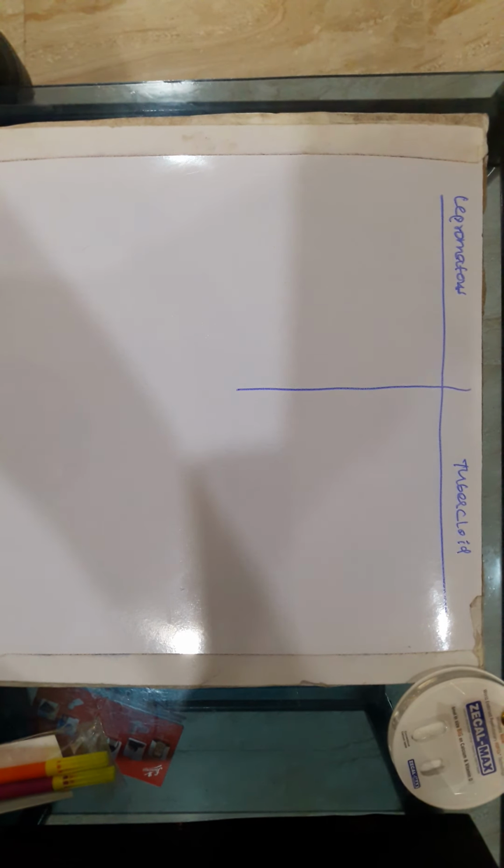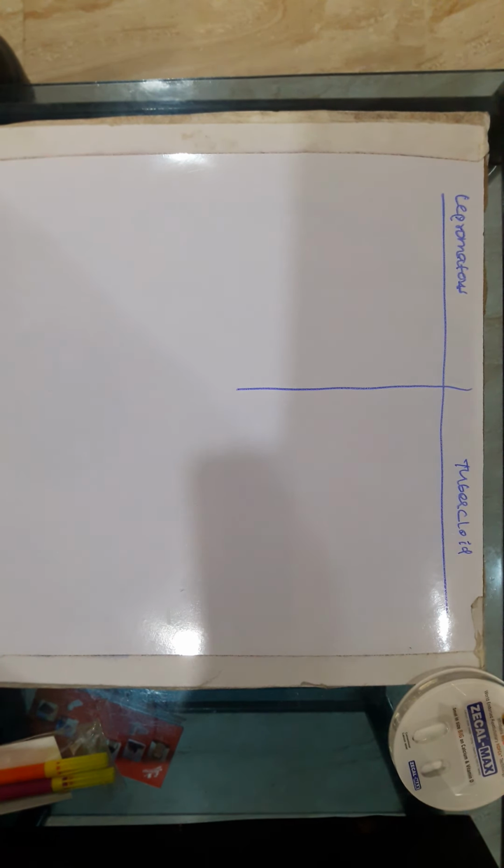Till now we discussed that in lepromatous there is an extensive humoral response with production of a large number of antibodies, both autoimmune and antimycobacterial, while in tuberculoid the humoral antibodies are rare.